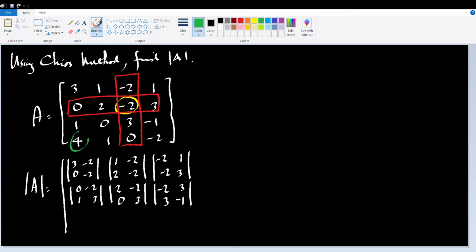Next, 4, negative 2, 0, and 0. Then 0, negative 2, 4, and 0. Next, 1, negative 2, 2, and 0.